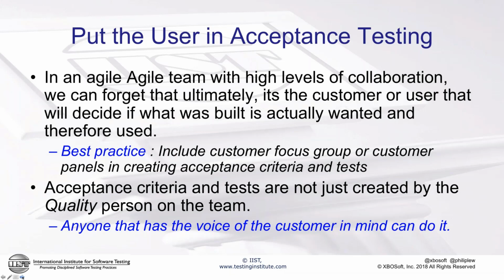And so what we like to do is really get customers involved in, not at the end, not in the traditional acceptance testing UAT, but really using them to help us develop tasks or acceptance criteria as part of our user stories.